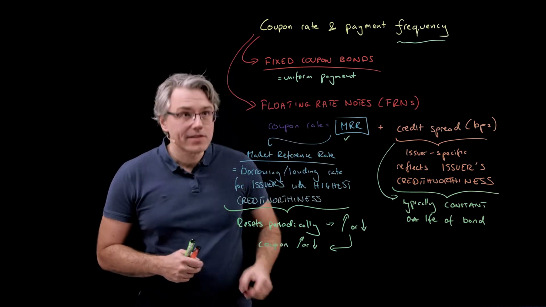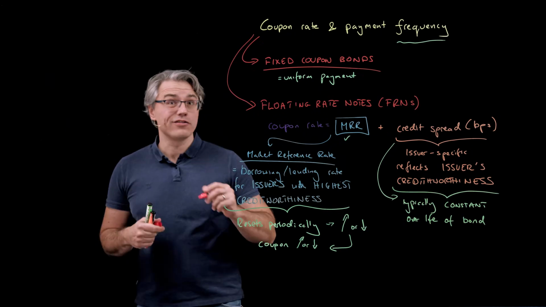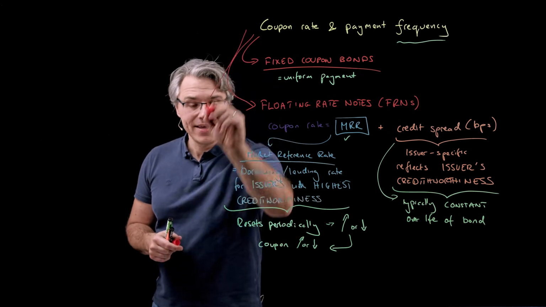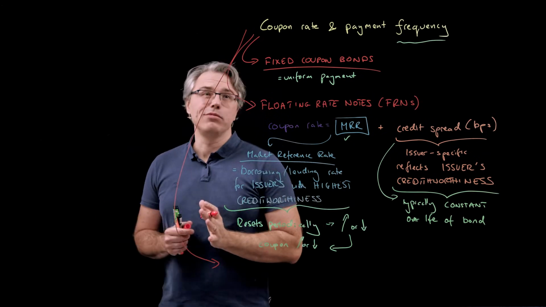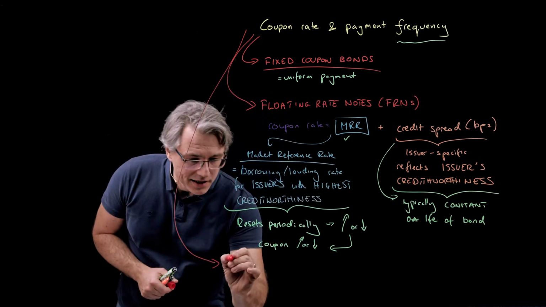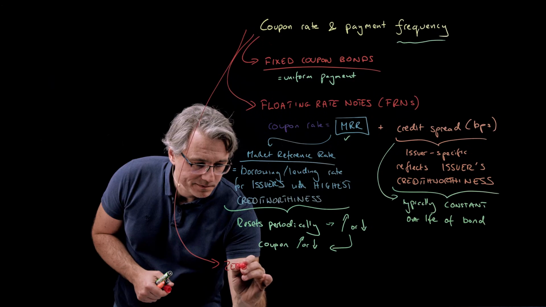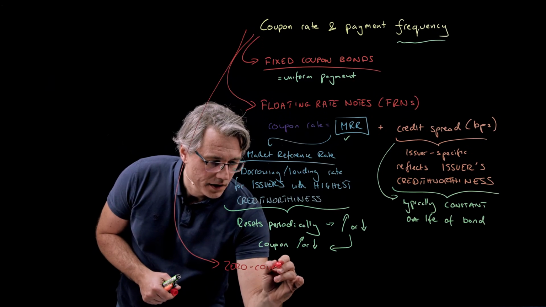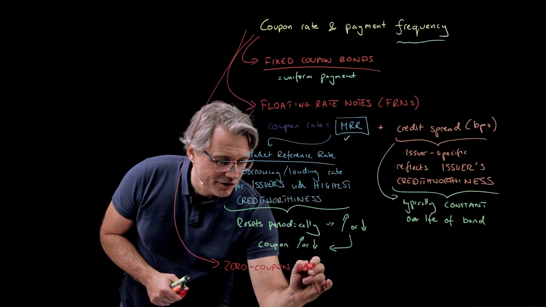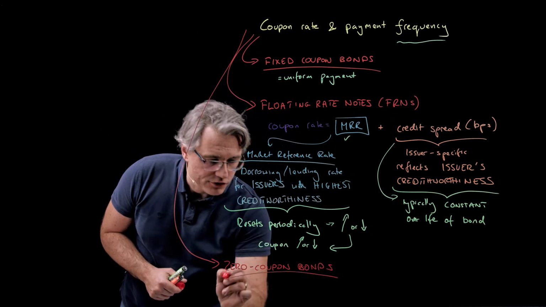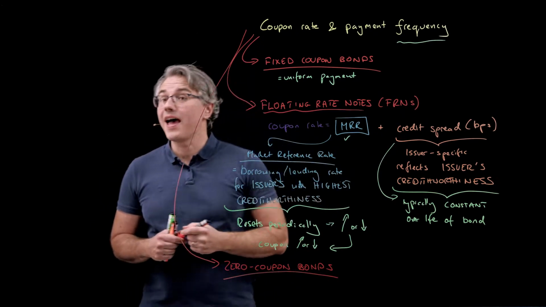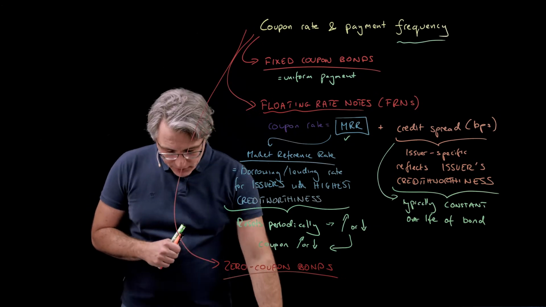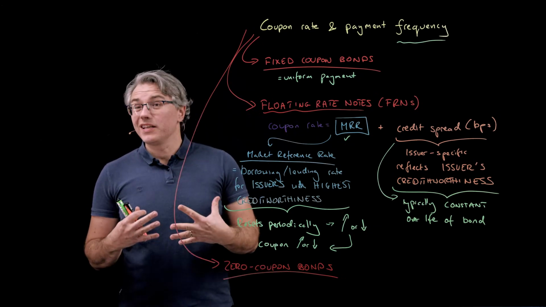Now, we also have a third type of coupon rate, although you could say it's a specific example of a fixed coupon, namely a zero coupon bond. So especially governments often issue bonds with a zero coupon, meaning they don't pay coupons at all, in which case, there's no periodic interest payments.